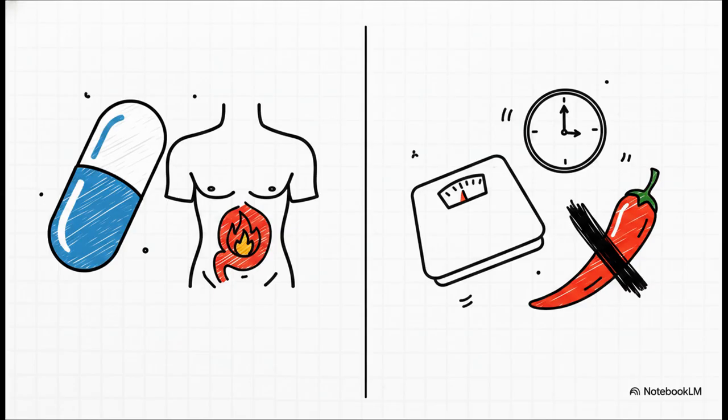Managing this requires a strict one-two punch. Yes, we use targeted prescriptions like omeprazole, a proton pump inhibitor that literally shuts down stomach acid production at the source, but equally crucial are the serious lifestyle modifications. We're talking significant weight management, changing his daily eating schedule so he's not hitting the pillow right after dinner, and ruthlessly cutting out those trigger foods.